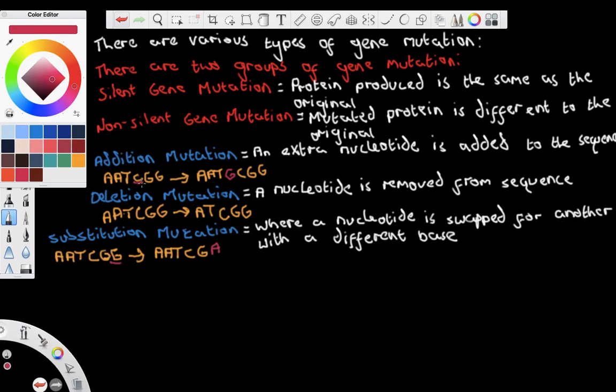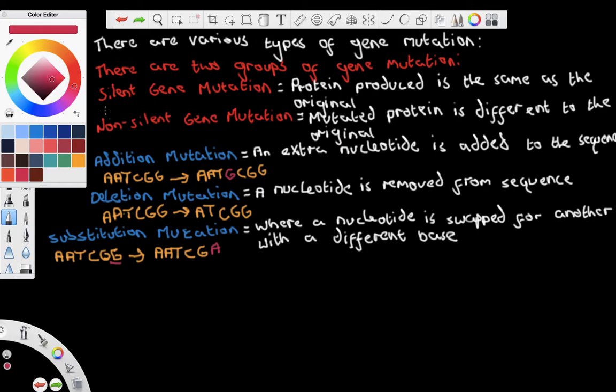That is different to an addition mutation, as we're not actually adding a base. Sorry, we are adding a base in an addition mutation. In a substitution, we're swapping one for the other.